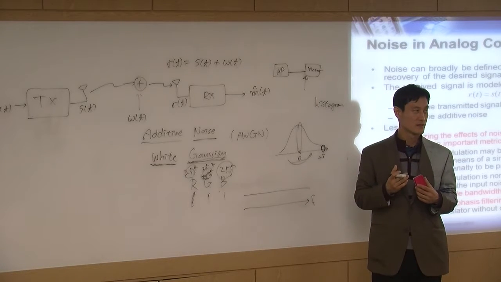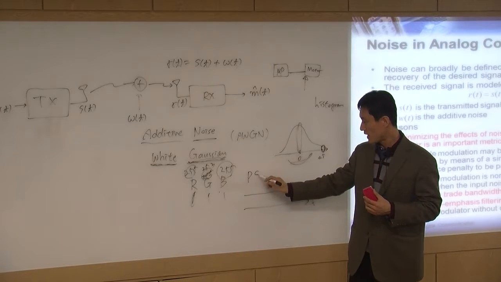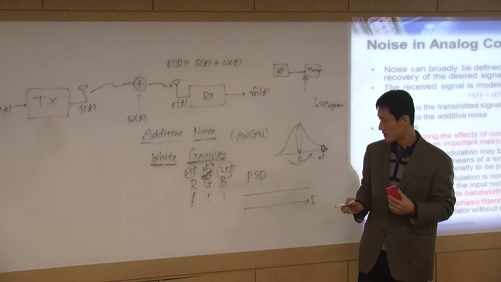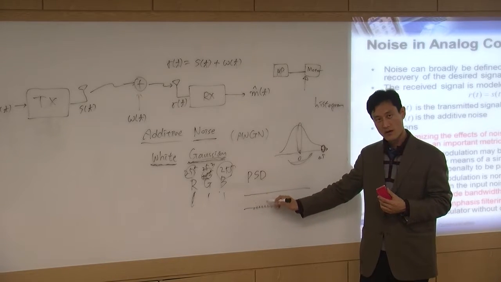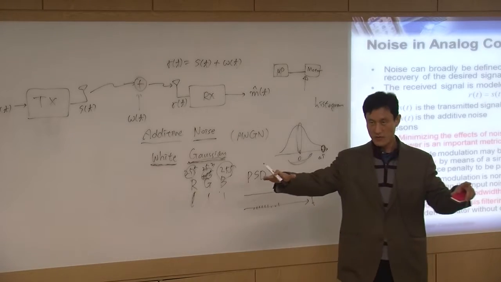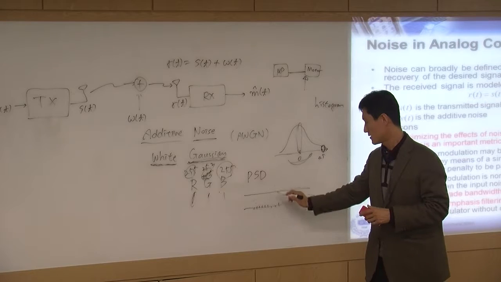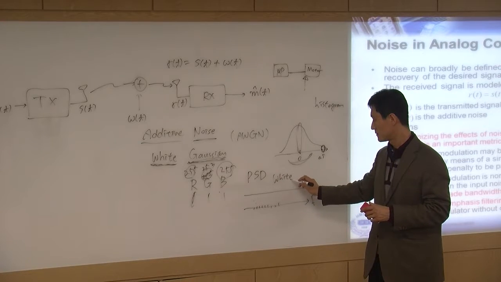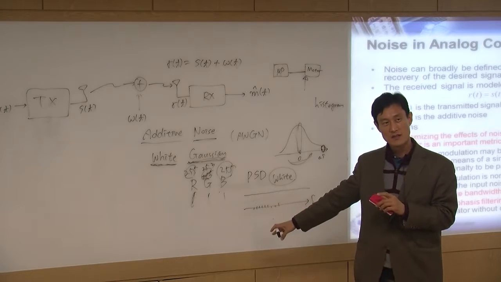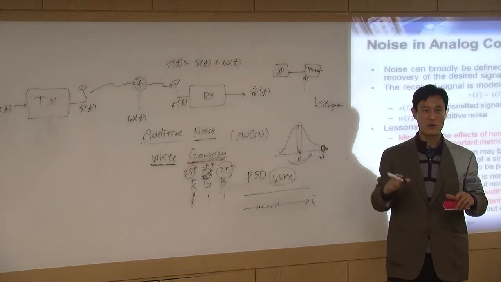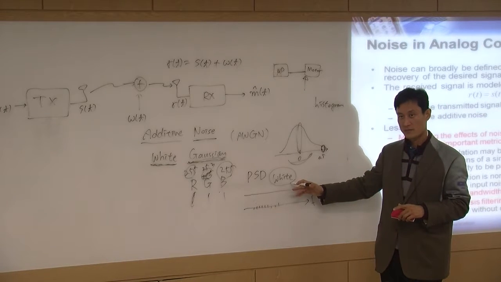That's our white noise, right? This is a power spectral density. All the different frequencies have the same power, equal power for all of the frequencies. So that's the condition of white. This is called white. Not color. We are not talking about color. We are talking about frequencies. All the frequencies have the same amount of power. Okay? So that means white.